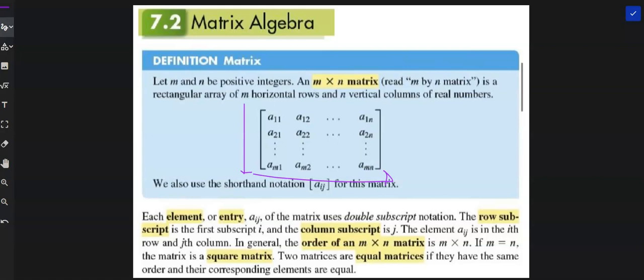That's why I usually call it "down-right", easy to identify rows and columns. Oh, I should use a different color because that's not easy for you guys to see.